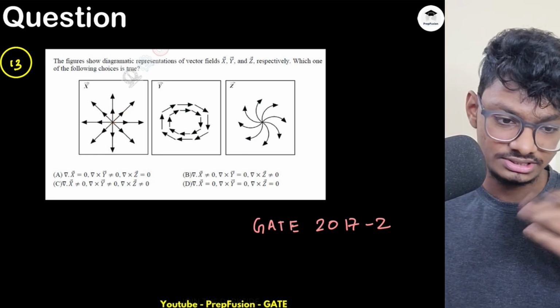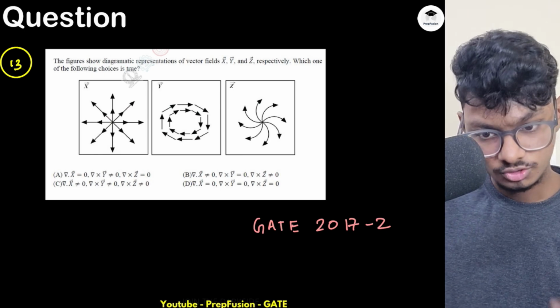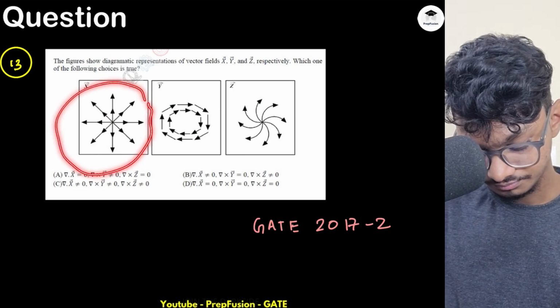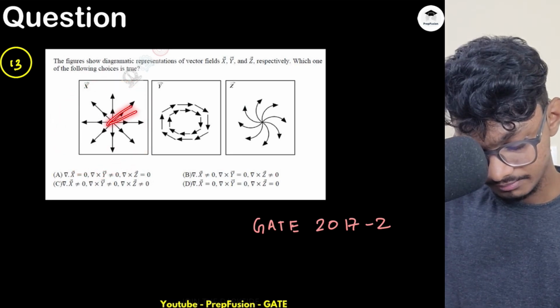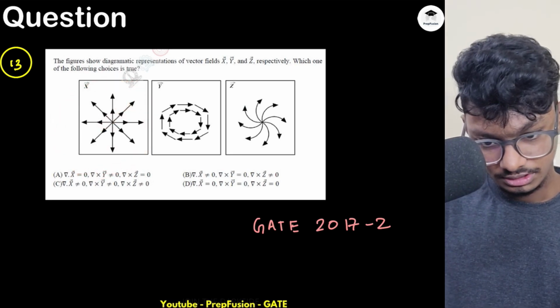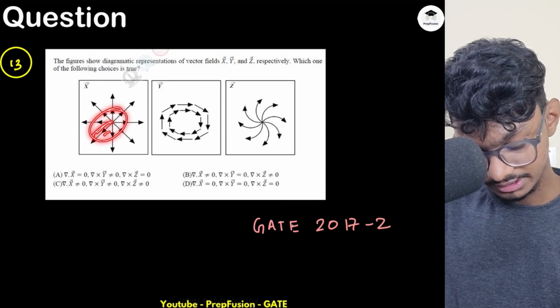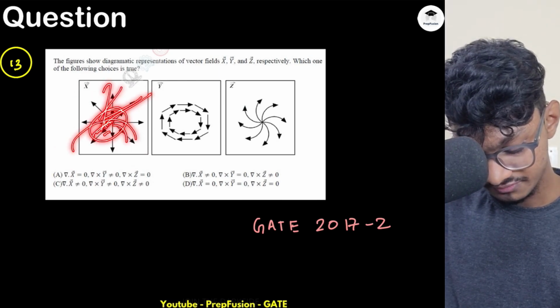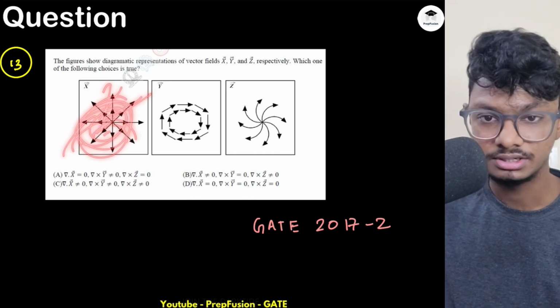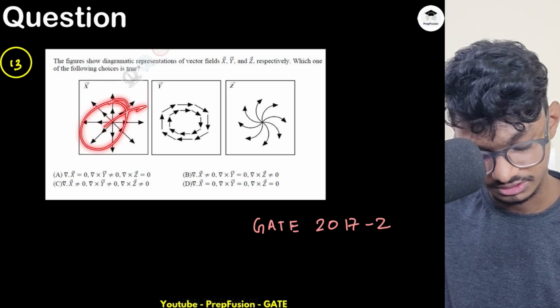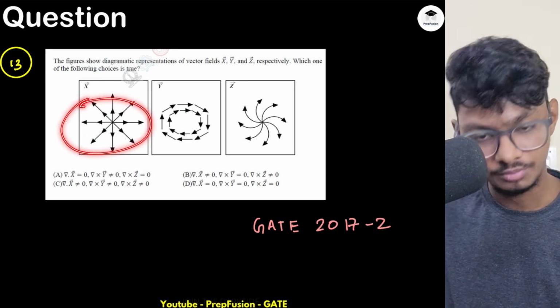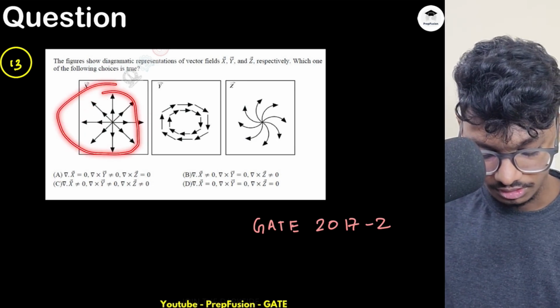Divergence means how much flux is going in or going out. If I observe the x vector, all the electric field is going out from the surface, so the net flux through the surface is not 0, and the divergence for this will not be 0. I cannot comment about the rotational nature.